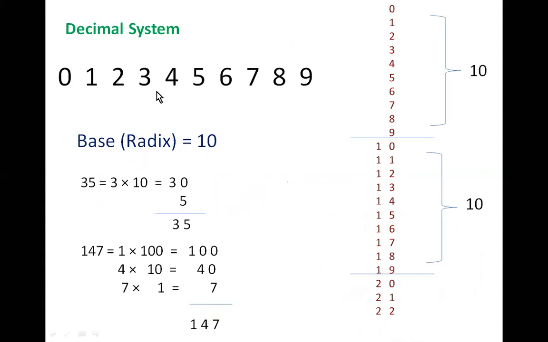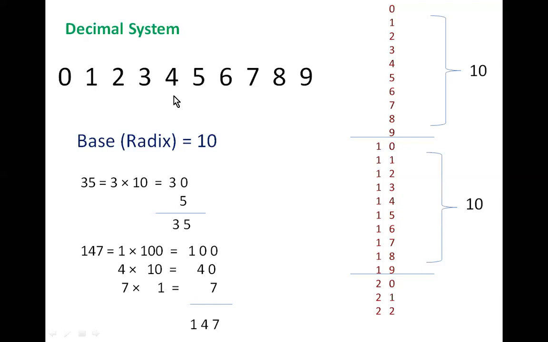Decimal system contains how many symbols? 10 different symbols: 0, 1, 2, 3, 4, 5, 6, 7, 8, 9.